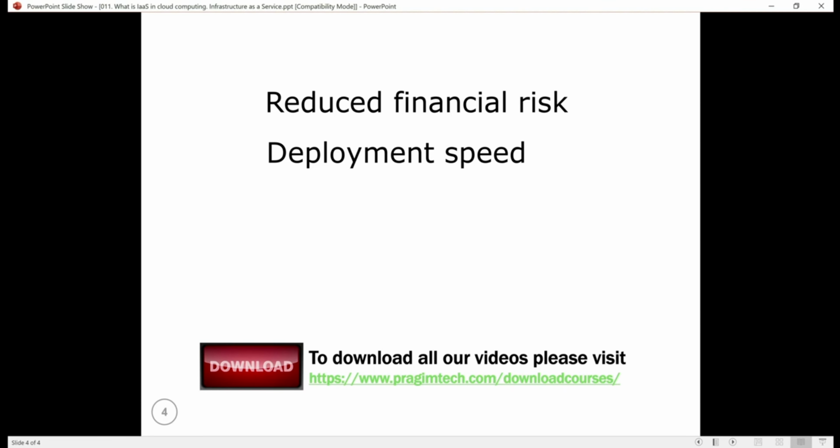Deployment speed is another great benefit. Just imagine the time it takes to procure physical servers, storage, and the related infrastructure. You need to purchase, get them shipped over, create a server room or data center, secure it, install power supply and cooling systems, set up and configure network. The list goes on. And don't forget, you also need to hire skilled people to do all this.